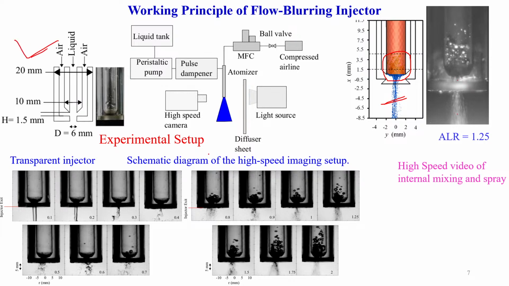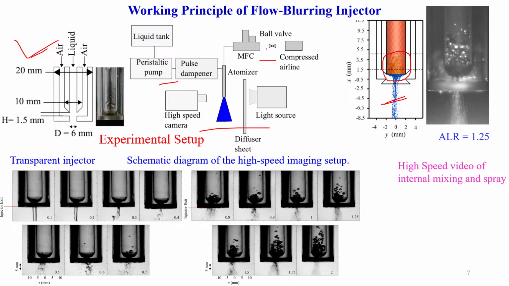Here I would like to explain the experimental setup. First I will explain the airflow path, the liquid flow path, and the diagnostic techniques, that means the imaging technique. Here we have the compressed air.